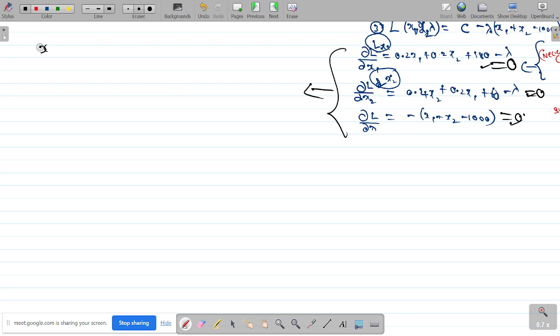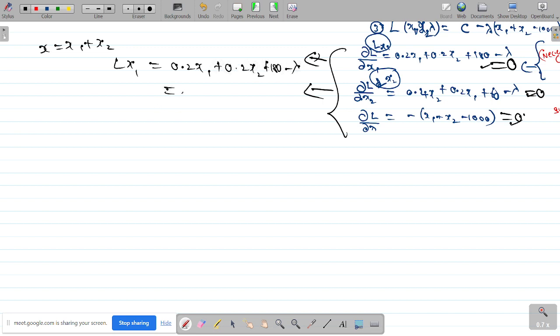I have this x is equal to x1 plus x2, right? Wherever I can take x1 x2, I take them separately. So in the first equation, that is LX1, I'll find 0.2 x1 plus 0.2 x2 plus 180 minus lambda.